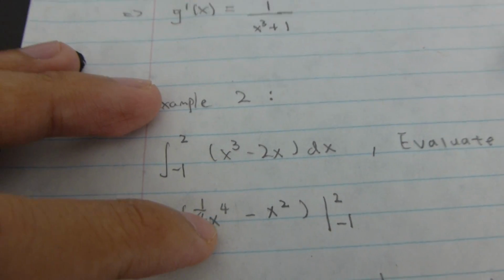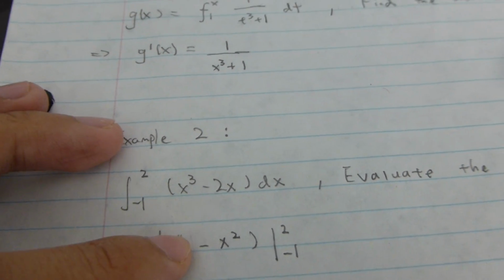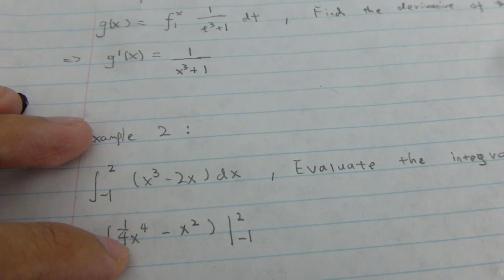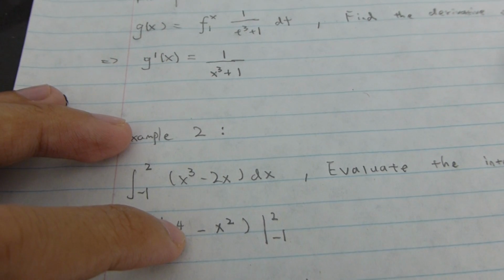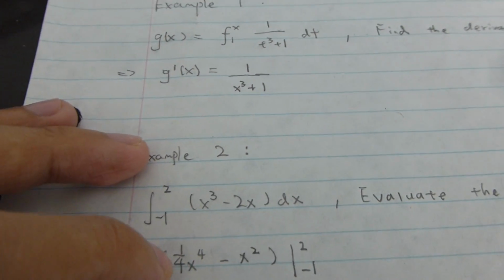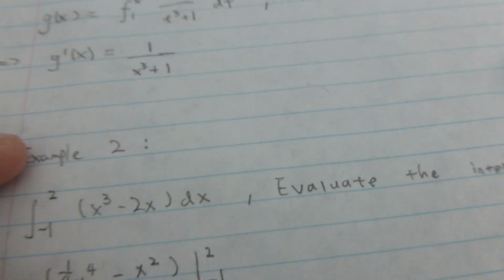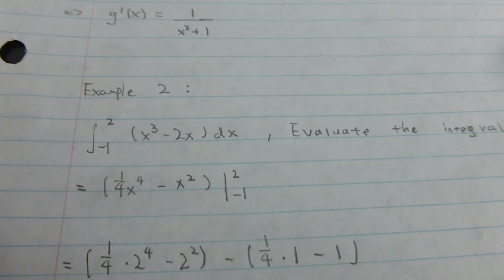We move the 4 down, so 4 multiplied by 1 over 4 is 1, and then 4 minus 1 gives us a derivative of x to the power 3. That's what I mean by backwards. That's how to check it.